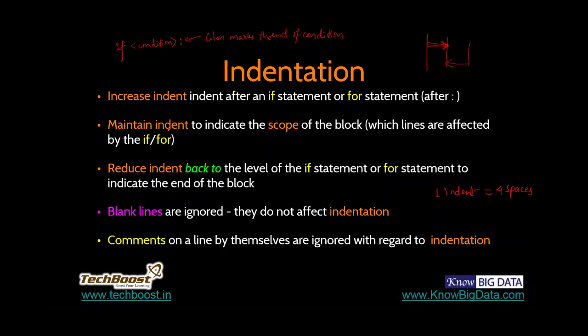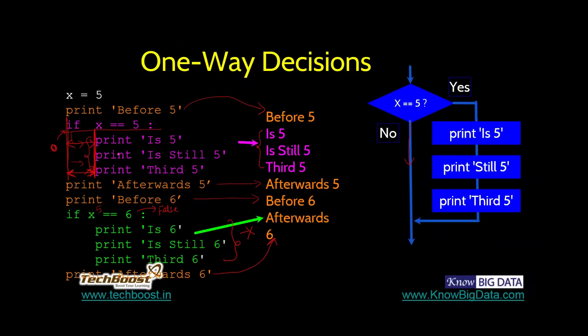Now, the first step we saw is increasing the indent. Another we saw is maintaining the indent. What is maintaining the indent? We maintain the indent for the statements following the if or for to say that all these statements are under this condition and will be executed under this condition.